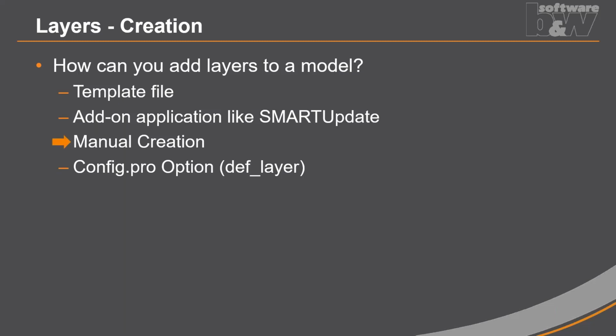And of course, you can create layers manually. Hard task, I say, or you can use a quite historic mechanism. That's a config.pro option, dev layer, that if you create an item of a specific type, Creo will create a layer automatically for it.